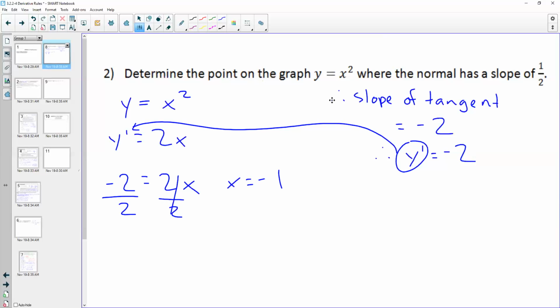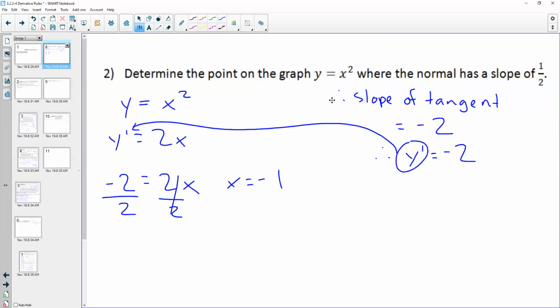We found y prime. We found the derivative of our function y is equal to x squared. And we know the slope at that particular place. So we substituted in our y primes, okay? When we did that, we were able to isolate the x coordinate of the point where the normal has a slope of 1/2.